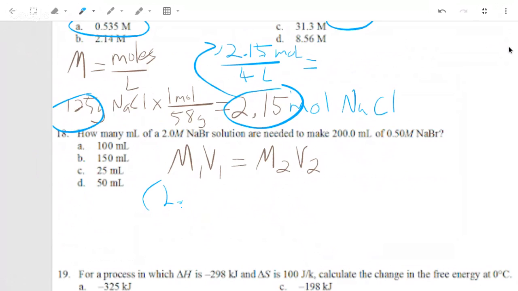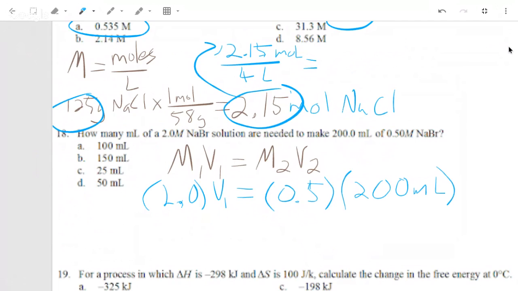So we got 2.0. That's the first number given. We don't know the volume of that solution. And then we got the molarity of the second solution. They tell us is 0.5. And then that one is only 200 milliliter solution. So you just solve for V1.